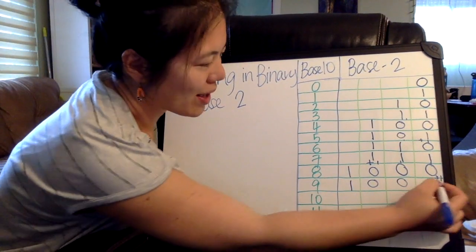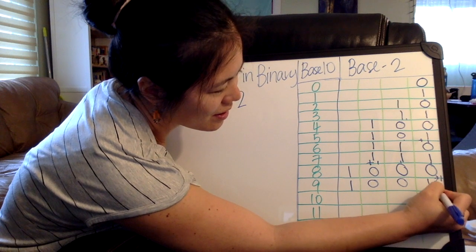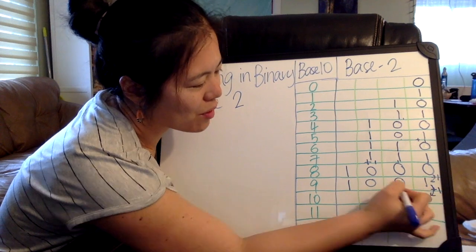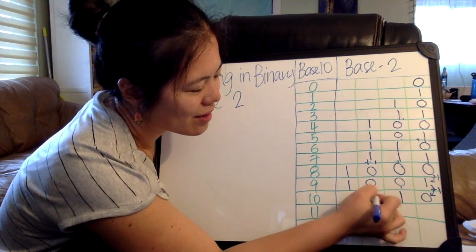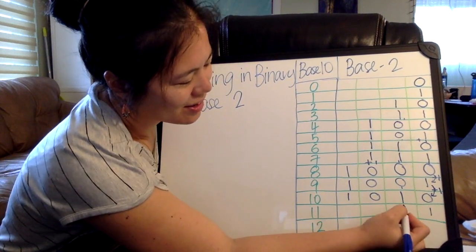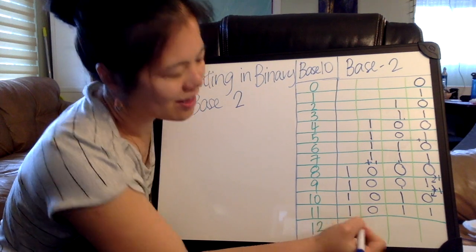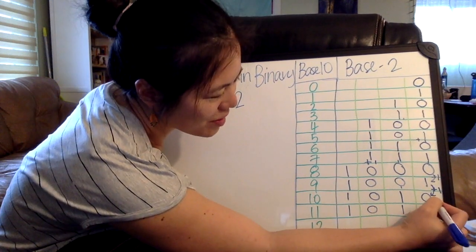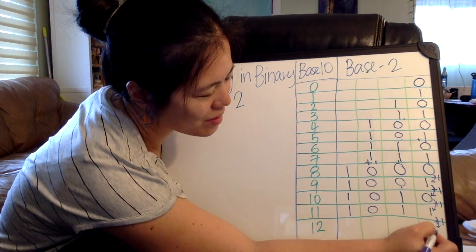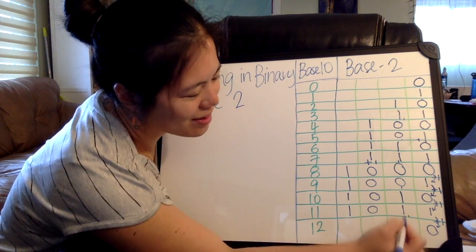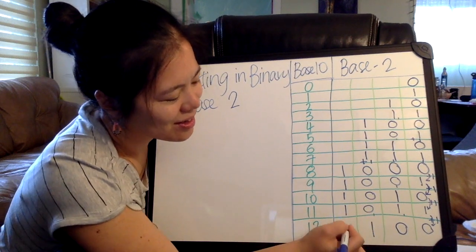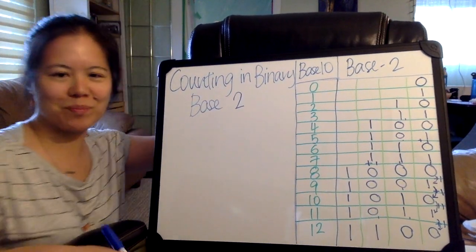Okay, so now you add 1 to this again, and what happens? 1 plus 1, 2, so bring down 0, carry 1 over, there you are, and you add 1 again. Plus 1, you bring down 0, carry over 1, 1 plus 1 is 2, you bring down 0, carry over 1, 1, 1, 0, 0.